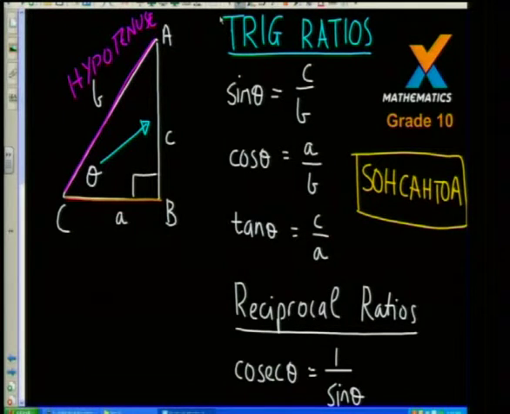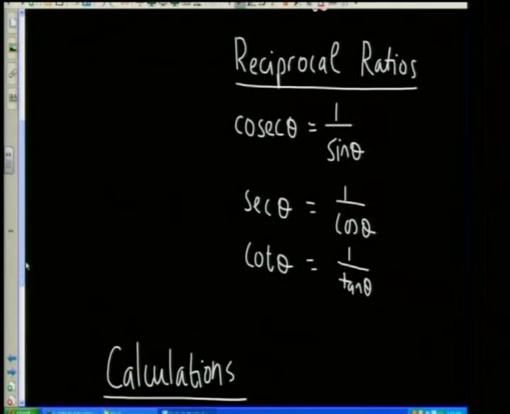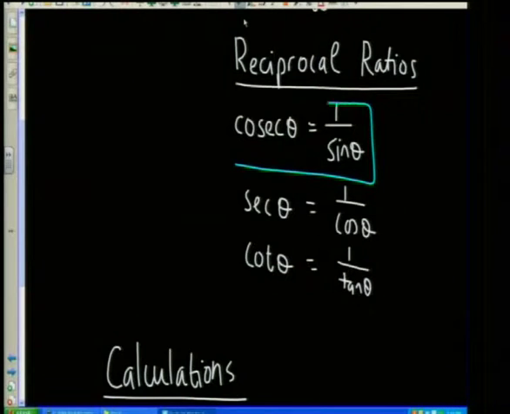This year there are also the reciprocal ratios that we need to look at. Cosec is equal to 1 over sine, so in any relationship you would have it as the hypotenuse over the opposite.